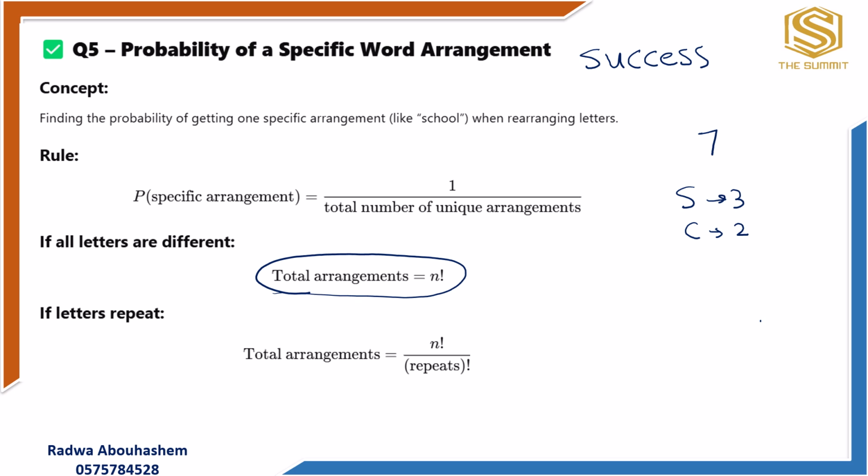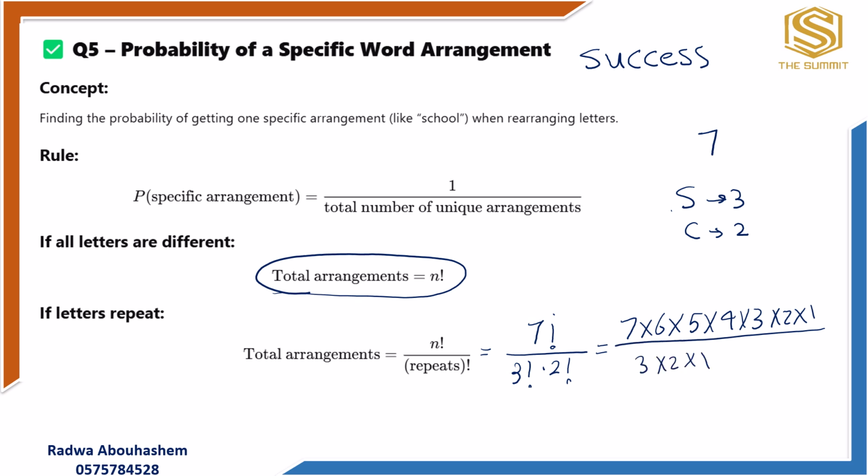N factorial, okay? If a letter is repeated, this means I'm going to say n factorial over the repeated factorials. How many letters do you have here? 7 factorial. And the S is repeated 3 times, so 3 factorial, and the C is 2 factorial. 7 times 6 times 5 times 4 times 3 times 2 times 1, over 3 times 2 times 1, and 2 times 1.